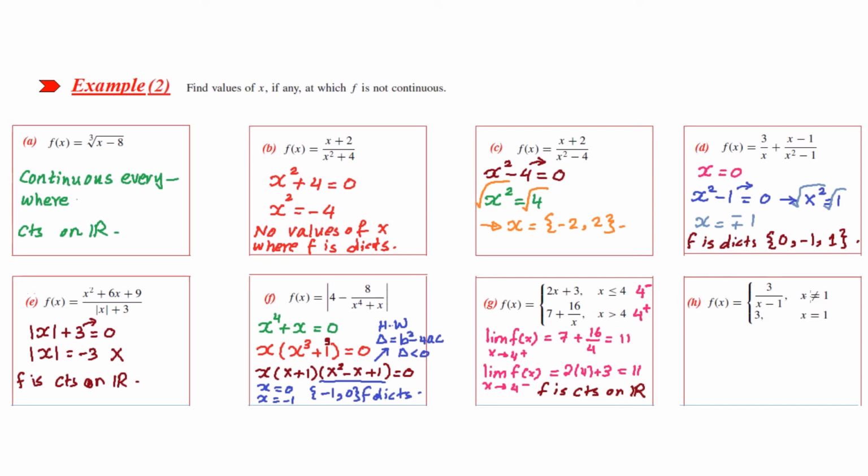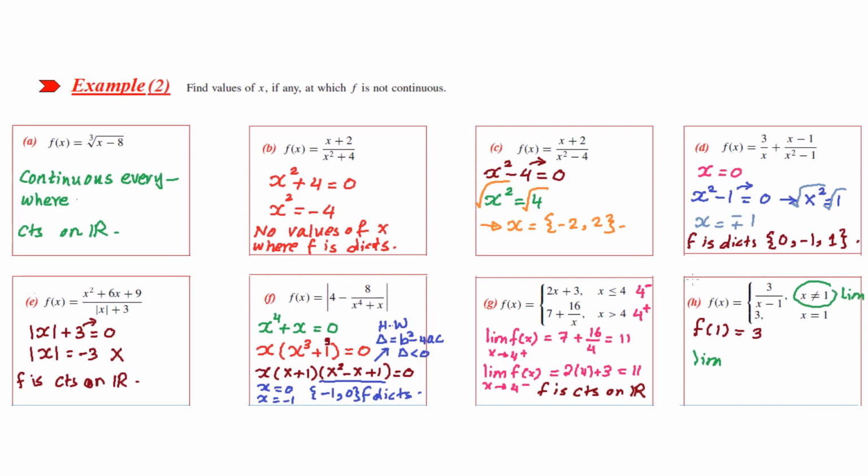For the last one, we have x not equal to 1 and x equals 1. So f of 1 equals 3, because when x equals 1, f of x equals 3. Then you have to find the limit of the function. So the limit of the function will be taken from x not equal to 1. Not equal to 1 means greater than 1 or less than 1, so to the right and to the left together.